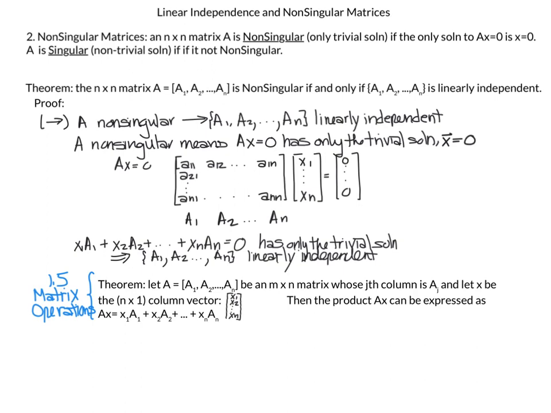The proof in the other direction is sort of like backwards. You start off with these vectors being linearly independent, which is the definition of a1, a2 up to an being linearly independent, but this is just a re-expression of this matrix equation, and this matrix equation having only the trivial solution is the definition of non-singular.